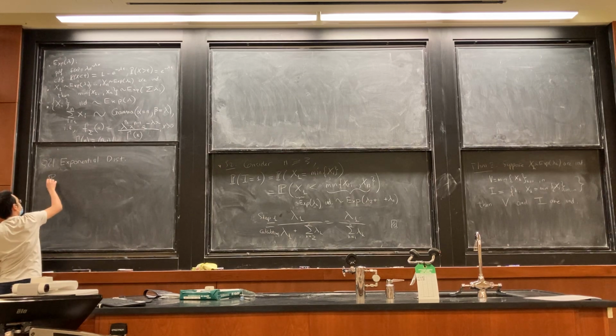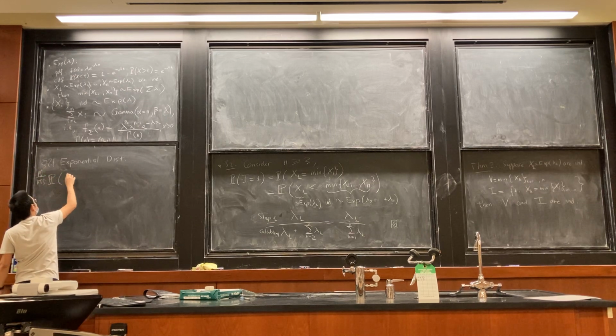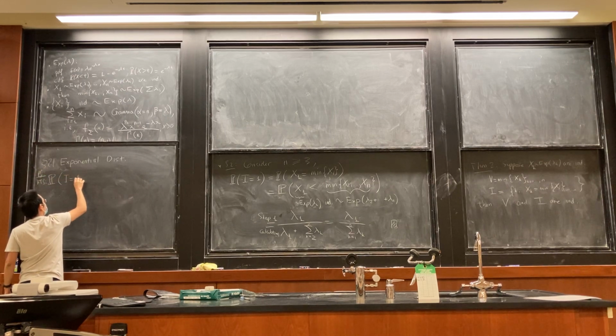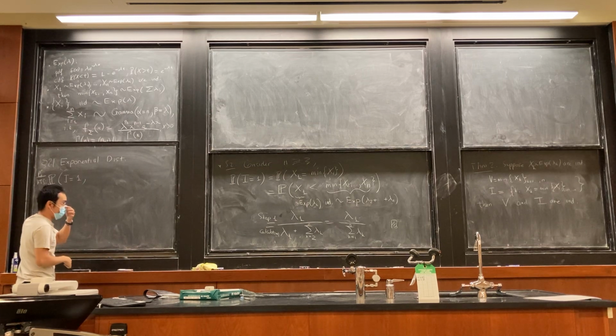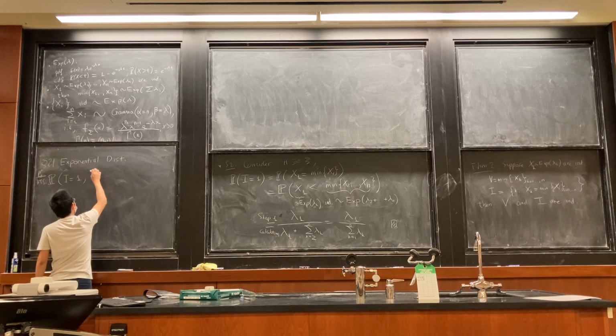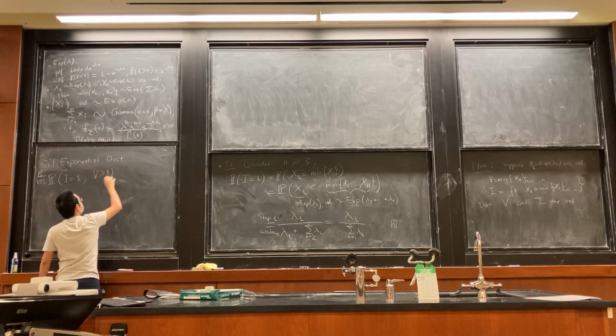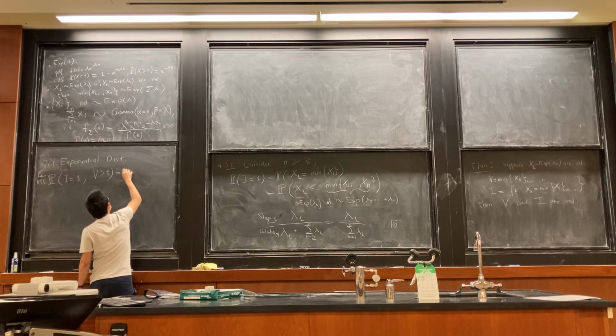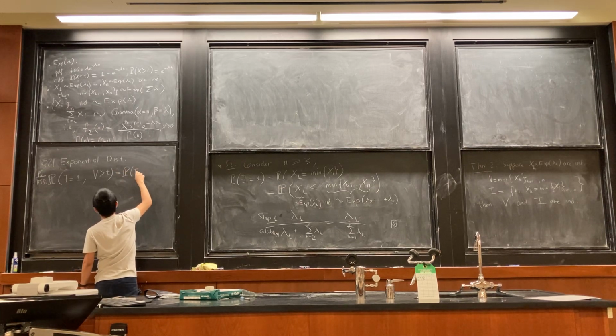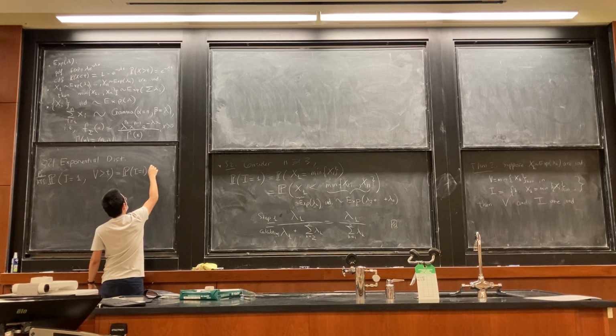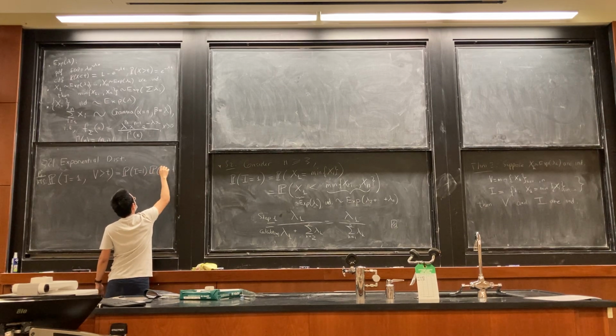I need to show that the probability of, let's say, I being equal to 1, and V greater than t, is supposed to be equal to the product of this probability and alpha. Of course, the same would work for any case, so let's just take 1 for the sake of notation.